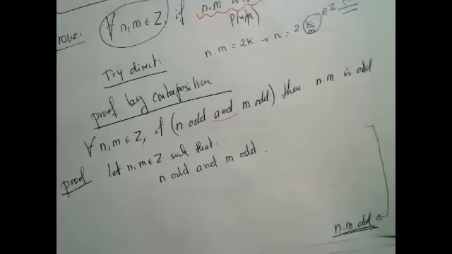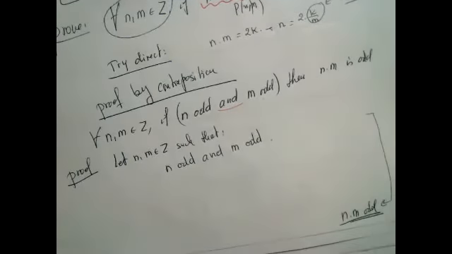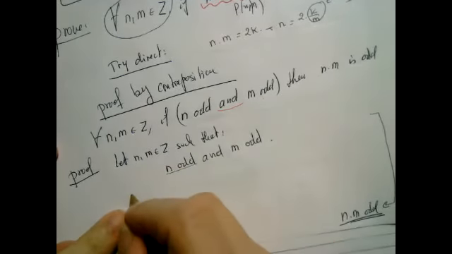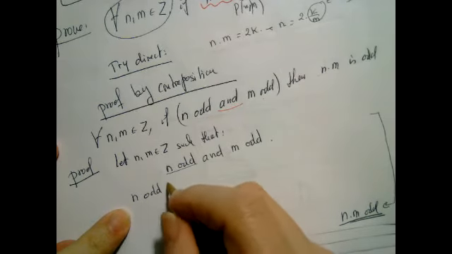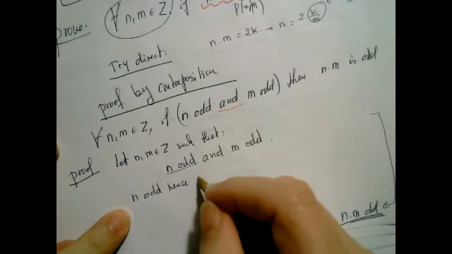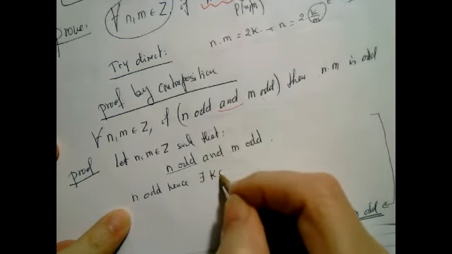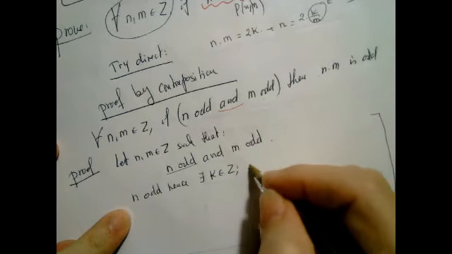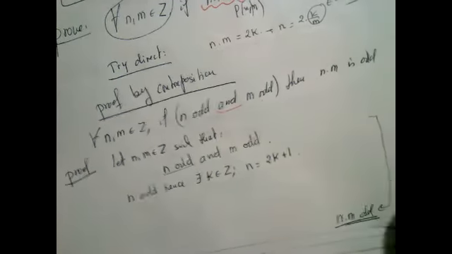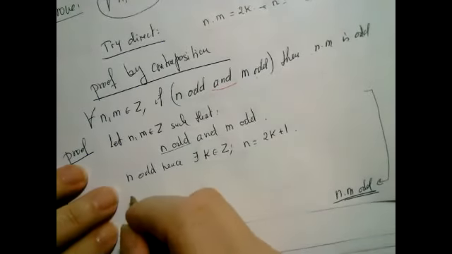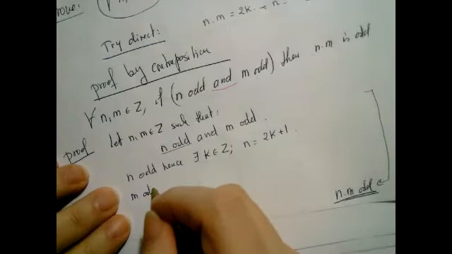So we start working with them slowly. What does it mean, n odd? N odd, hence, I can find k in Z such that n equals 2k plus 1. M is odd.